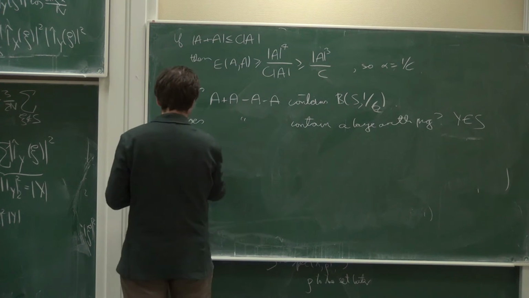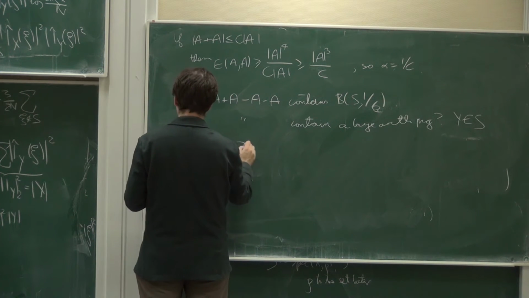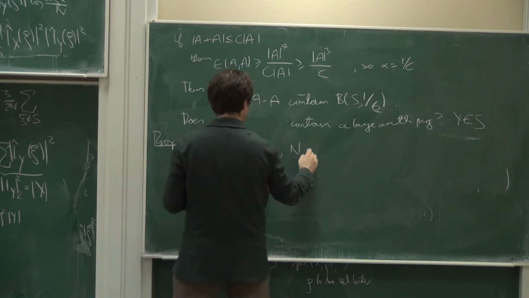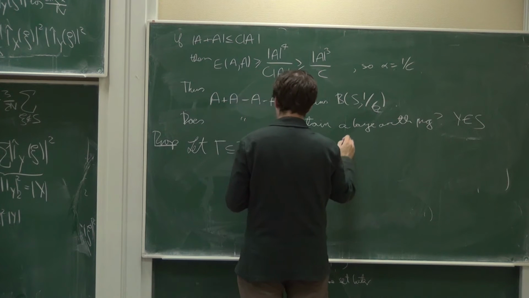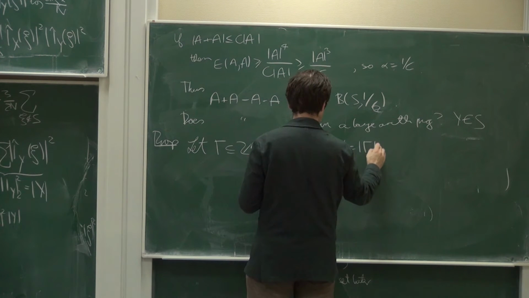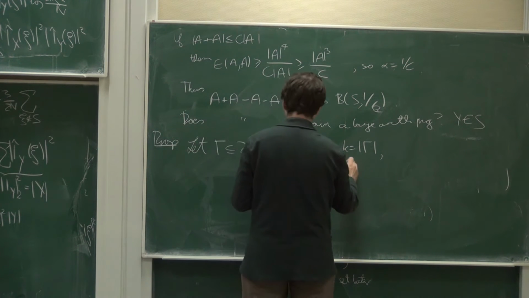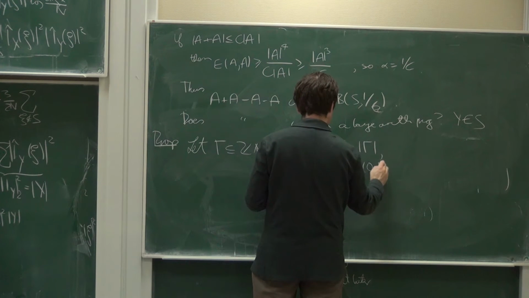So, in general, let gamma be in Z mod nZ, n prime, k in gamma, k is the size of gamma, and delta is just going to be a number between 0 and 1/4.